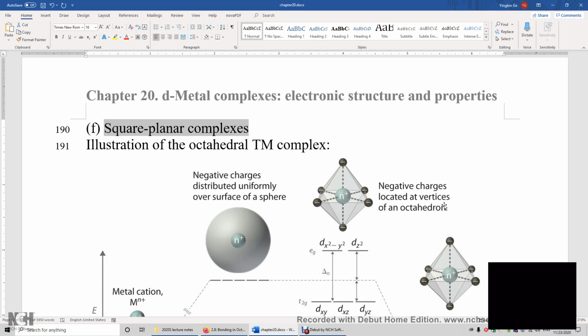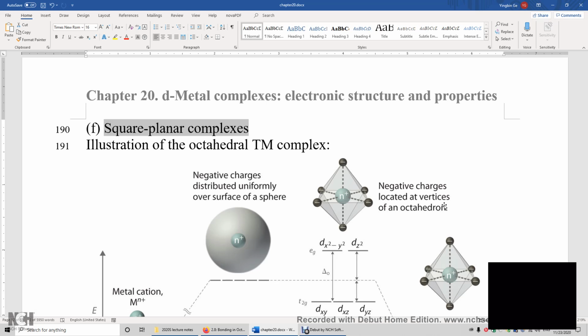When a transition metal center is bonded to 4 identical ligands, usually its structure is tetrahedral, as predicted by VSEPR theory, valence shell electron pair repulsion, because we like to separate these 4 ligands as much as possible to reduce the repulsion between them.